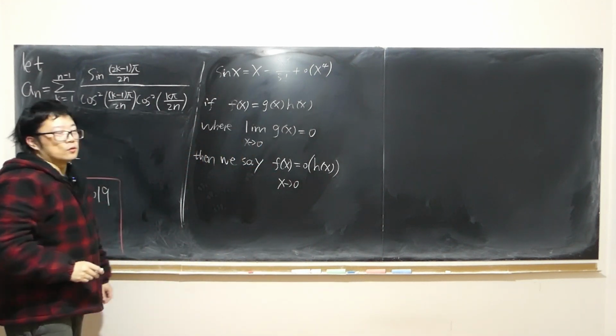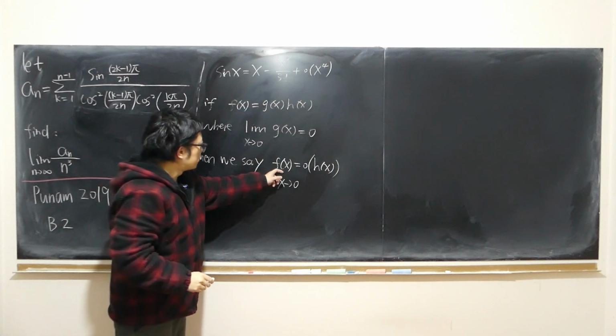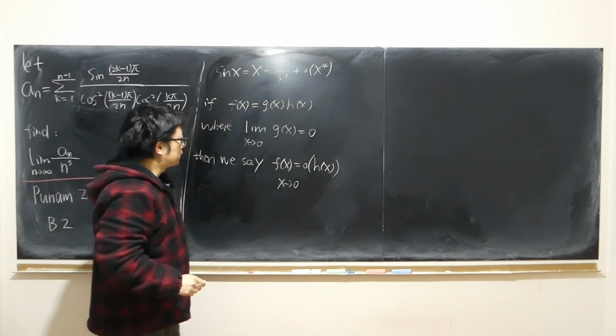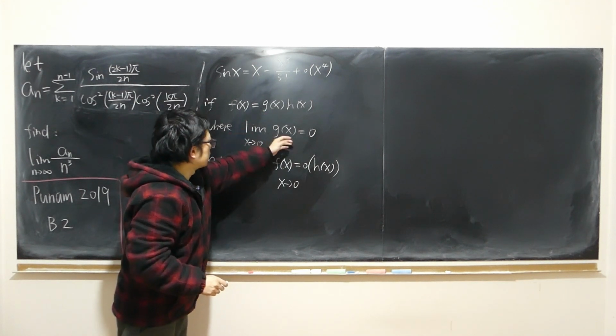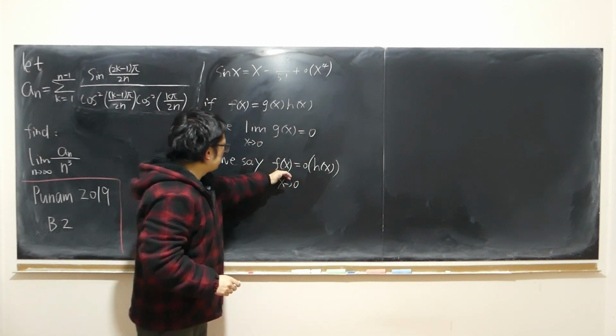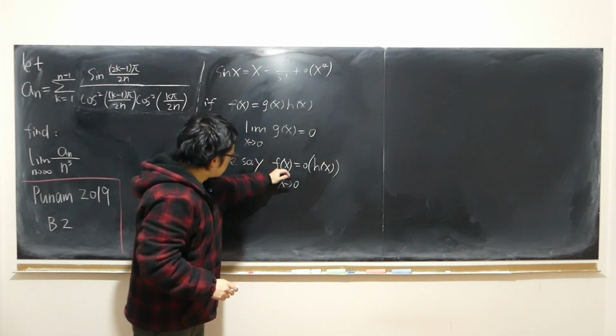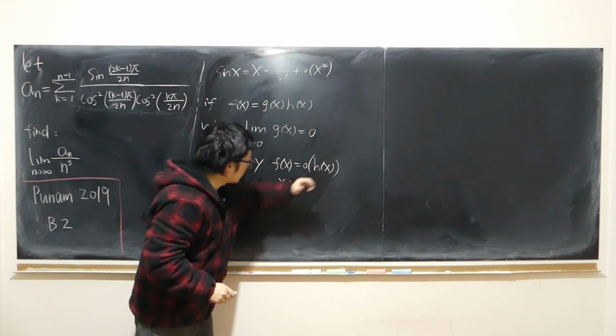Right? So meaning f of x approaches 0 faster than h of x, because you can treat little o as a function approaching 0 as well. So in fact, f of x is an infinitesimal of higher order compared with h of x.